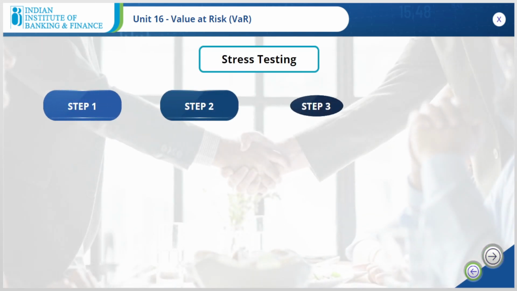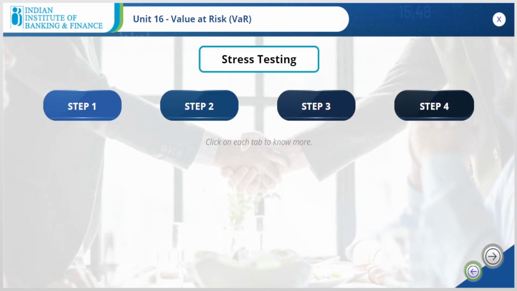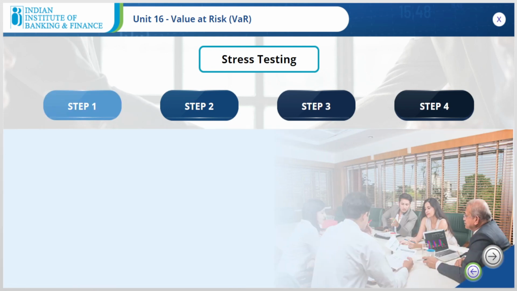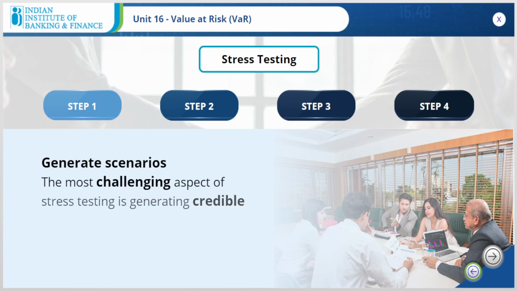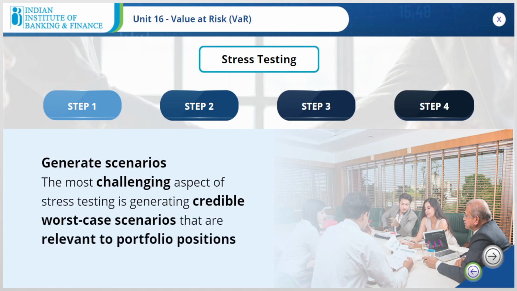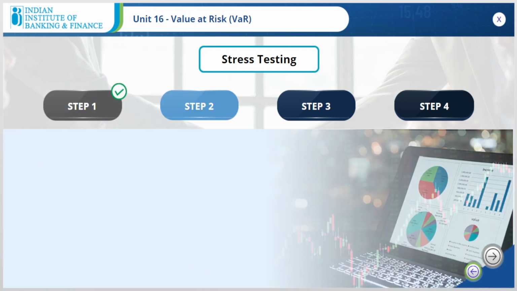There are 4 basic steps for stress testing. Click each tab to know more. Step 1. Generate scenarios. The most challenging aspect of stress testing is generating credible worst-case scenarios that are relevant to portfolio positions. Step 2. Revalue portfolio.